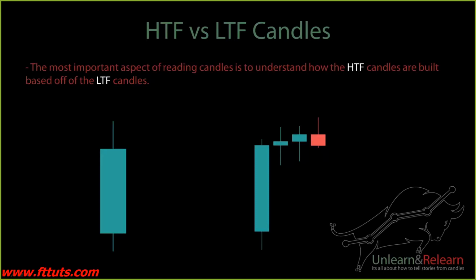Let's say you're looking at the 4-hour candle and you're like, okay, I expect the 4-hour candle to continue moving bullish, and now I want to jump down to the smaller time frames, and I have to figure out what I need to see in the smaller time frames to execute on the higher time frames. Or how do the smaller time frame candles create the higher time frame candles? This is the most important part of trading which you will face.